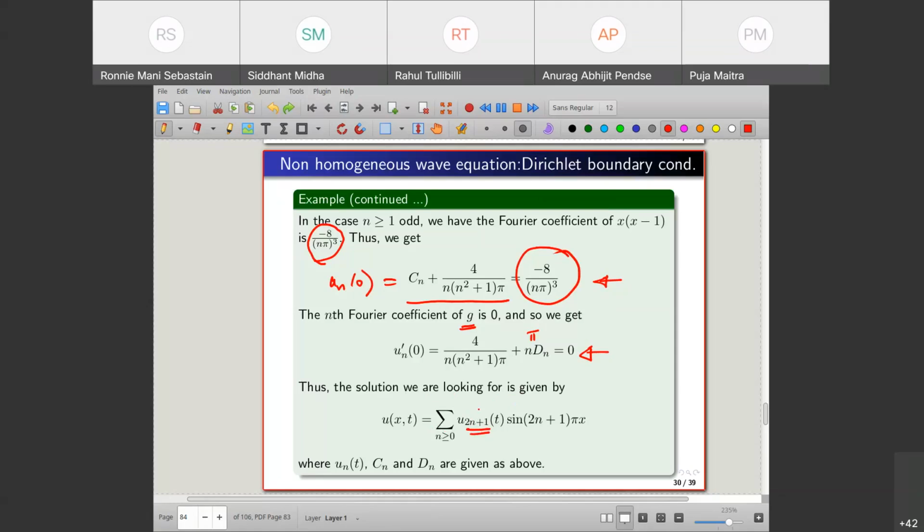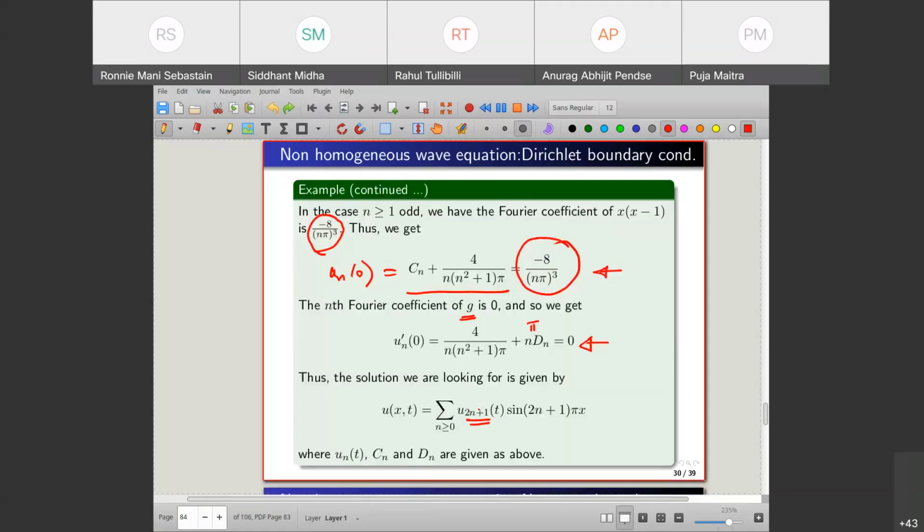I hope this example is clear. I mean, it's very straightforward. Okay.